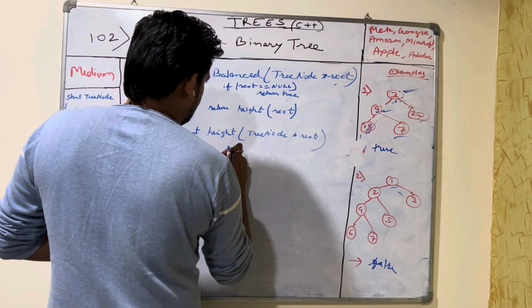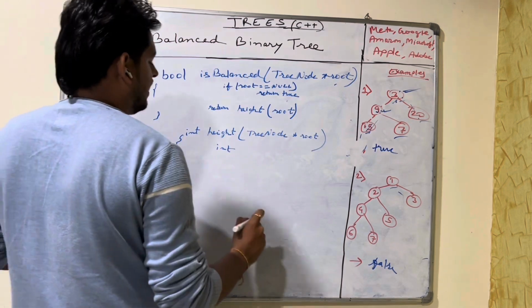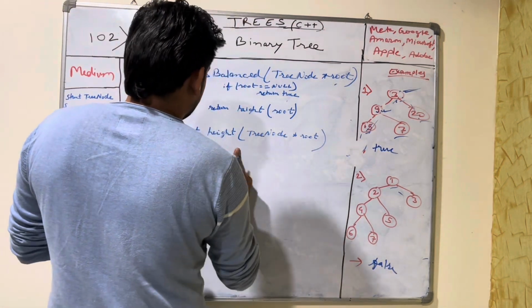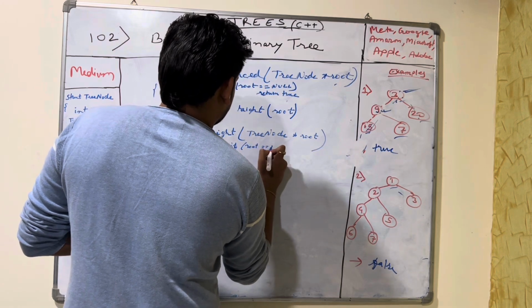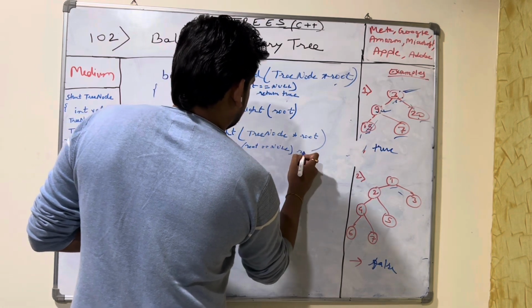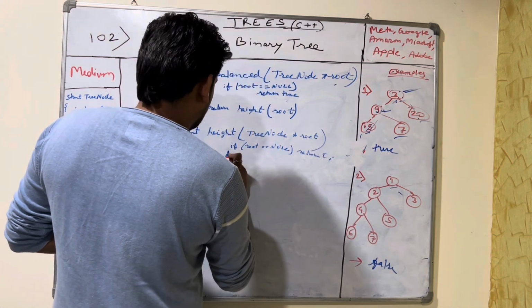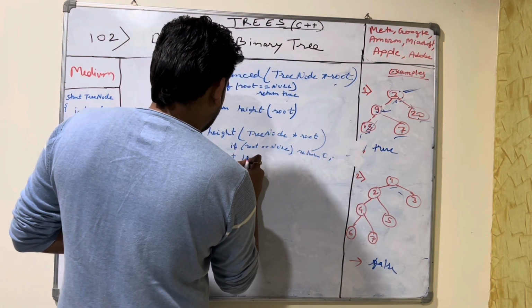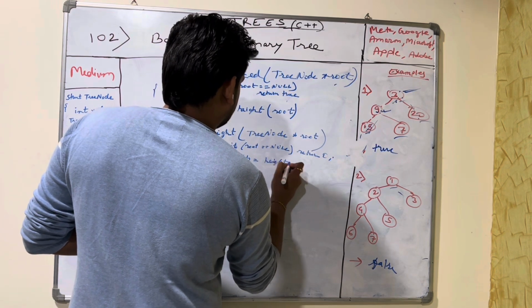So what do we do in the beginning? If root is equal to null, we return 0, because the height is 0. Otherwise, we find the left height, int LH is equal to height of root left.